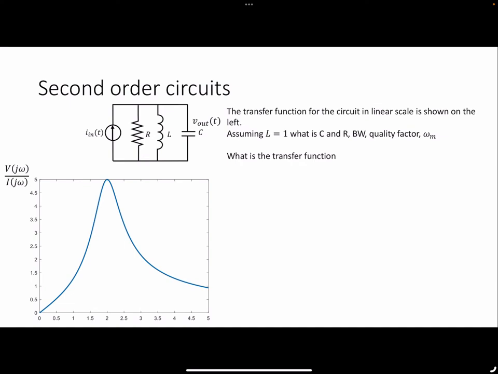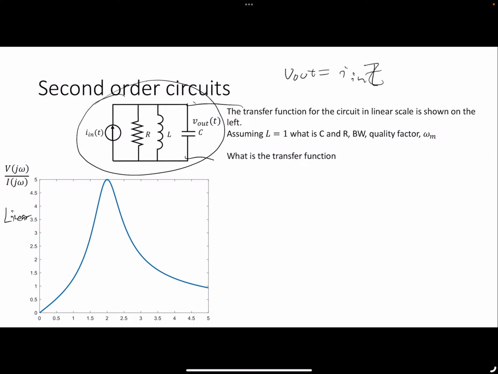Okay, if I told you that this plot was on the linear scale, and I told you that this was the circuit and the output is V out, what would be the resistance for this particular circuit? What is the output V out? So it's I in times what?